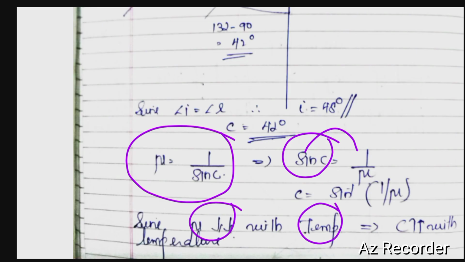Applying this to the equation, we can conclude that when the refractive index decreases with increase in temperature, the value of critical angle increases. So when the temperature is increased, the critical angle will increase.